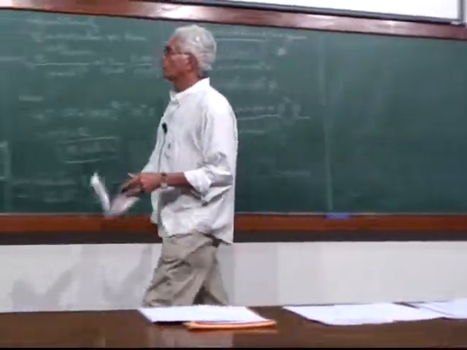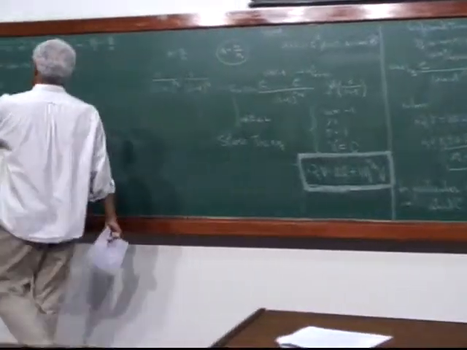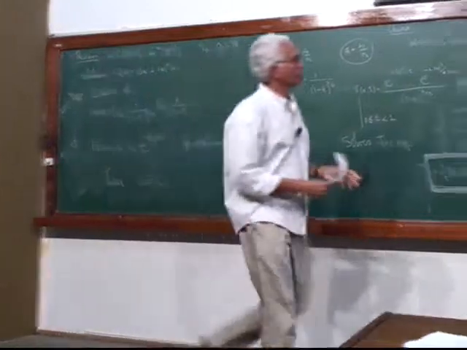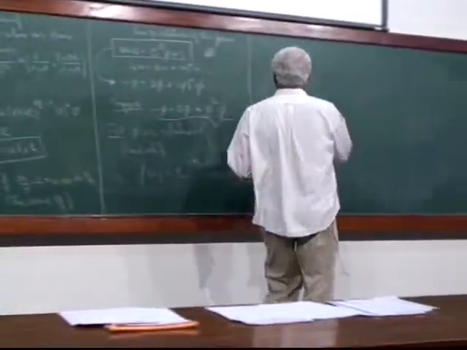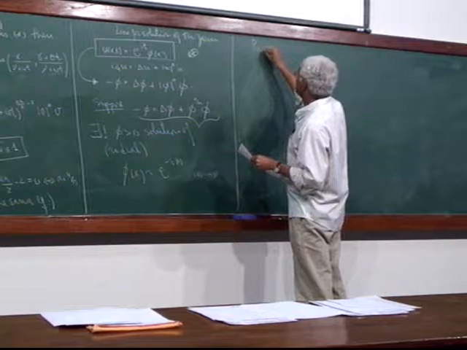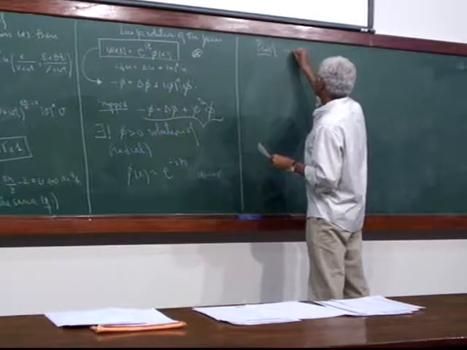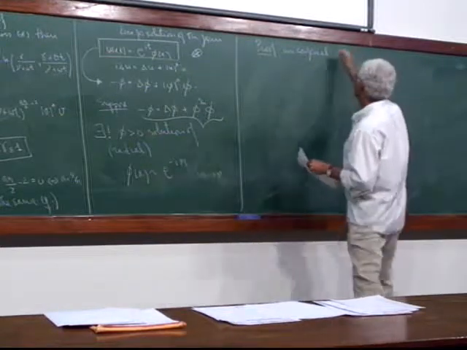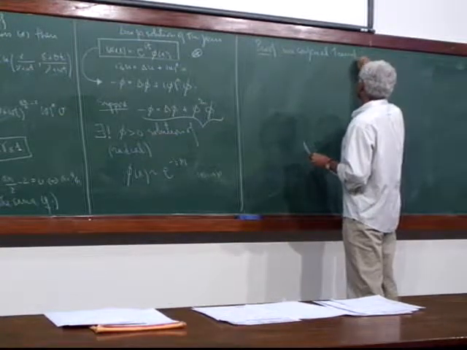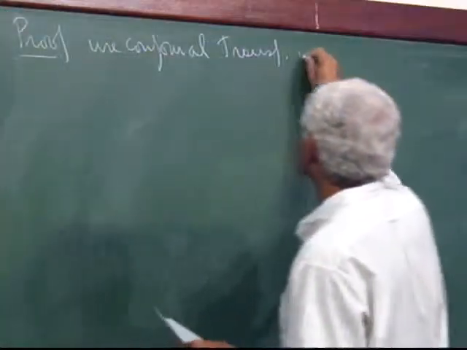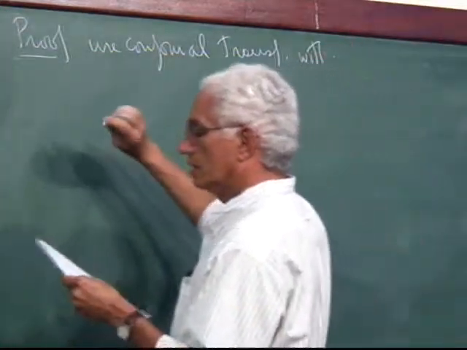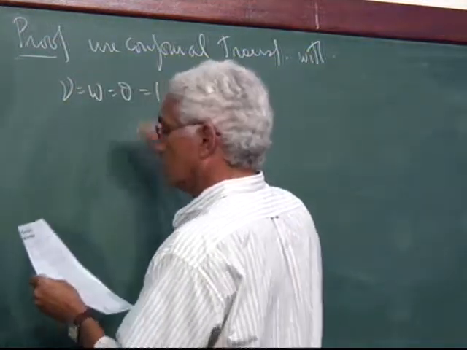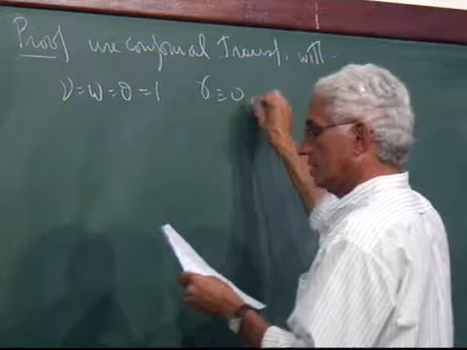You have a solution of this equation with this power. Then you do the conformal transformation. Proof. Use the conformal transformation with this parameter, I think that this is correct, this 0.